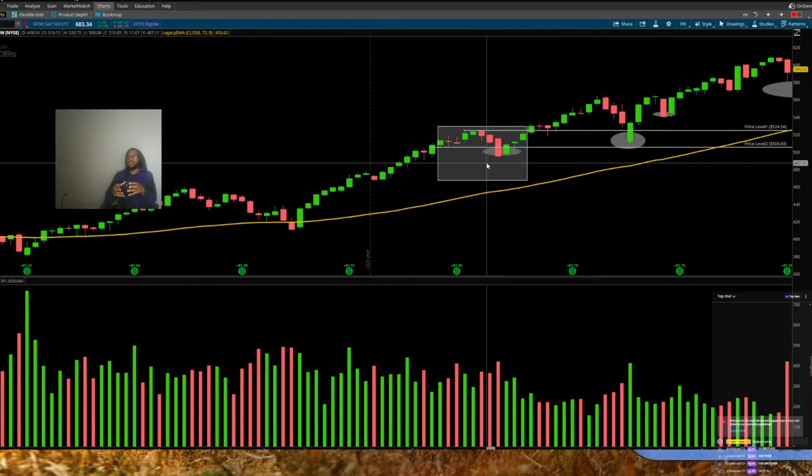And in that structure, what we're trying to see is probable places for a pullback, right? Probable places where price needs to be corrected. And we're using this 72-day EMA as a confluence with our market structure analysis in order to really get that down, right?